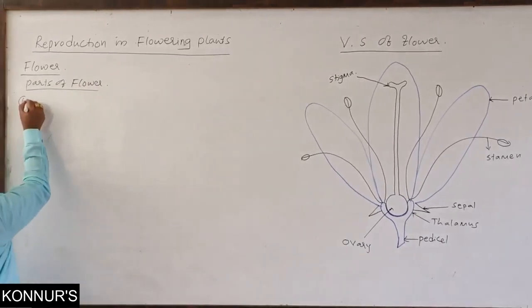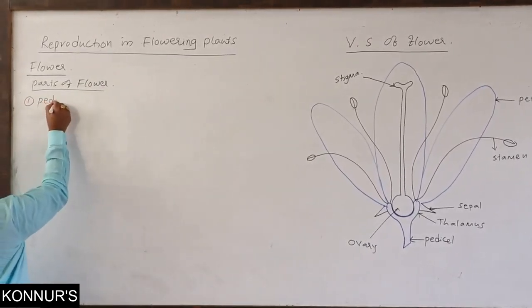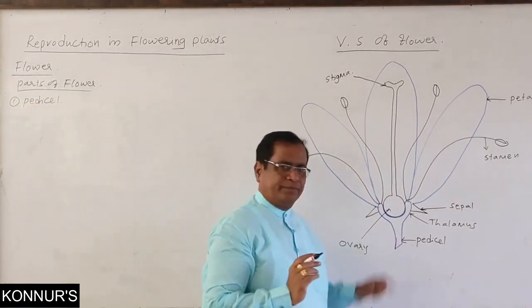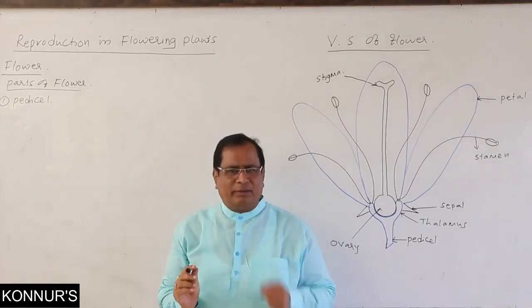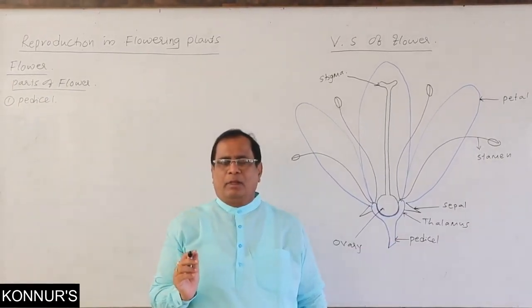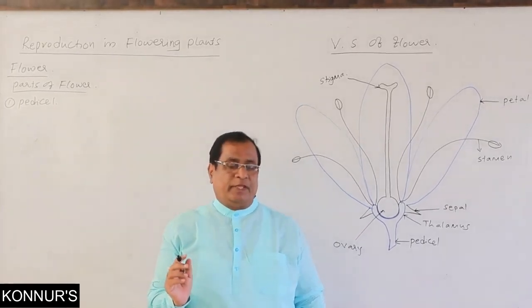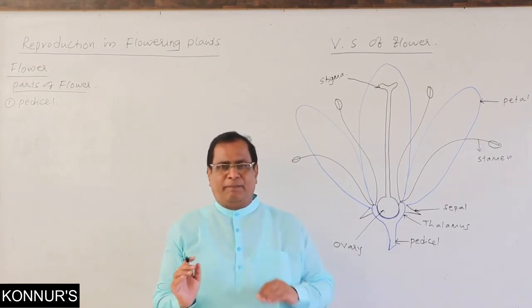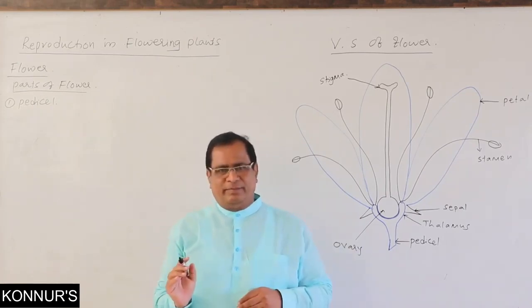First one, pedicel. This is pedicel. A stalk of the flower is said to be pedicel. If the flower is with pedicel, they are pedicellate flowers.